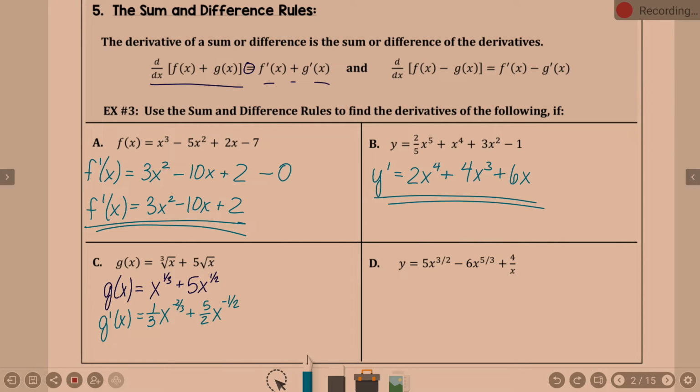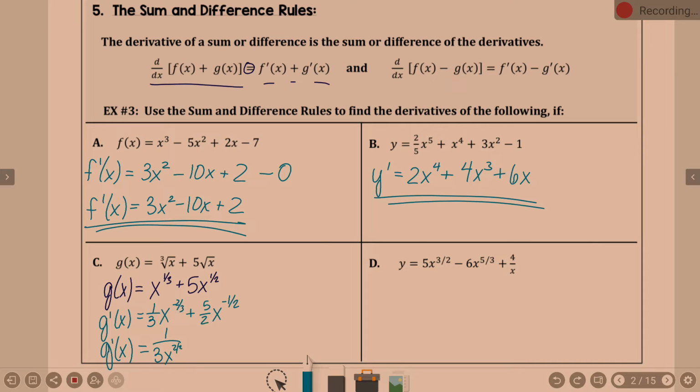Now we've got some negative exponents happening. I've gone one more step on my answer key. My answer key has exponents, but not negative exponents. So what are we thinking? Let's start on part 1, please.